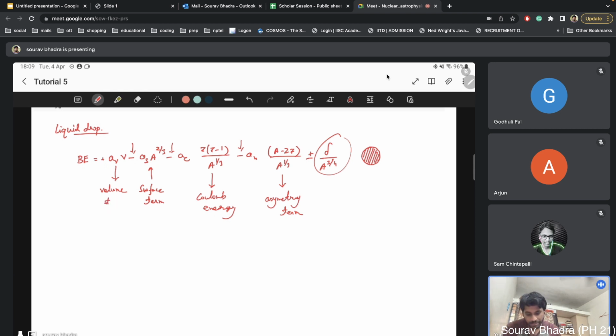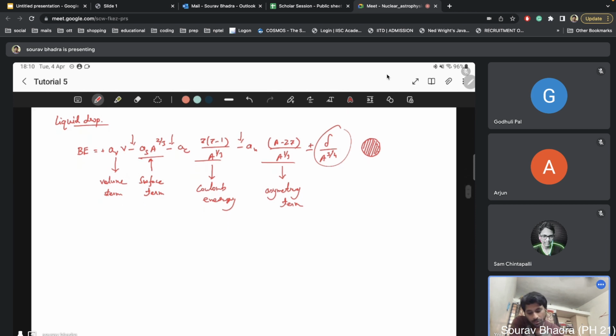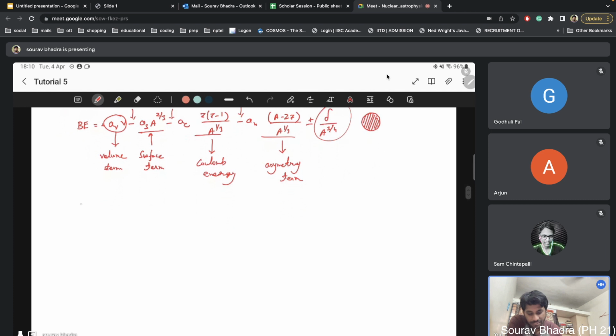So the later terms, the second, the third and the fourth, we call correction terms, and we are correcting our binding energy, which is why they come out negative. That is the reason behind the negative sign of the terms and the positive sign of the first term. The main term responsible for the binding energy is this a_V A term, which is the volume term.